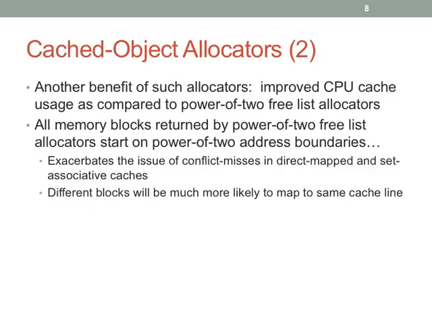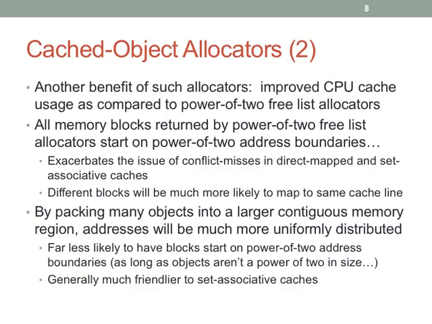Okay? It dramatically increases the likelihood that you'll have multiple objects map to the same cache line, but really the issue is with cache sets, because nowadays processors will have 4 or 8, or if you're lucky, 16 lines per set, and so that'll reduce the potential for thrashing your cache, but it still happens pretty frequently. And again, this problem just disappears as long as your objects are not a power of 2 in size.